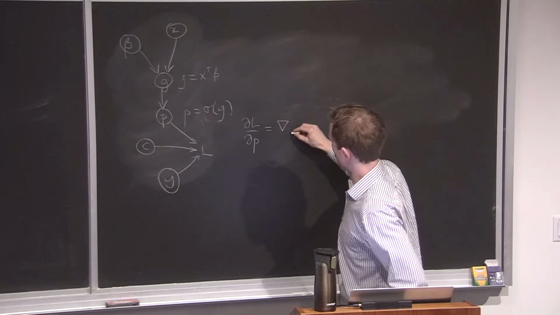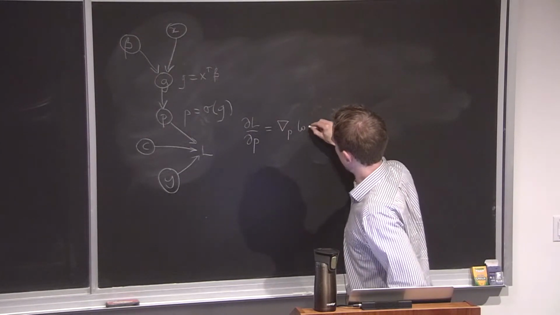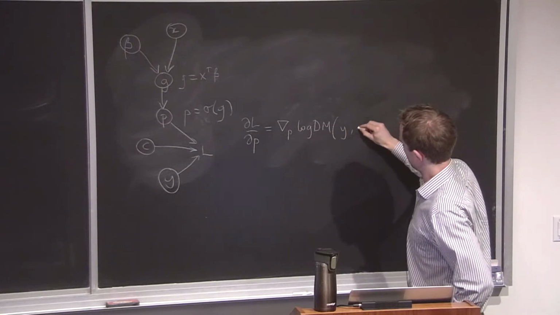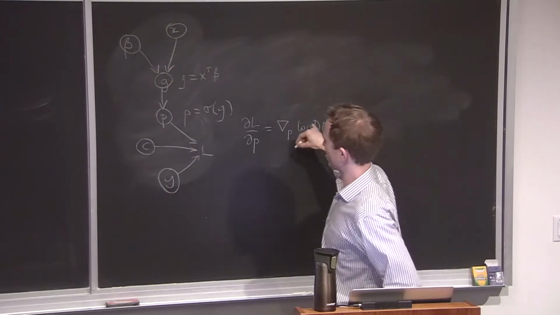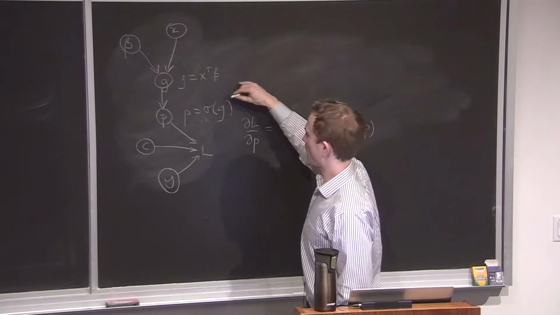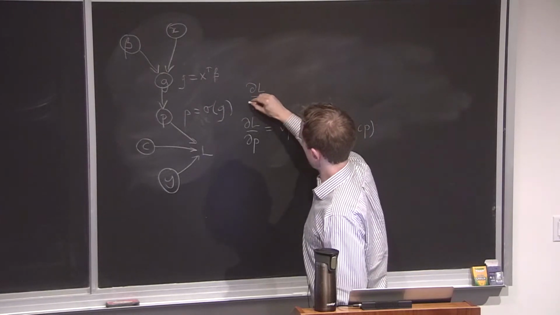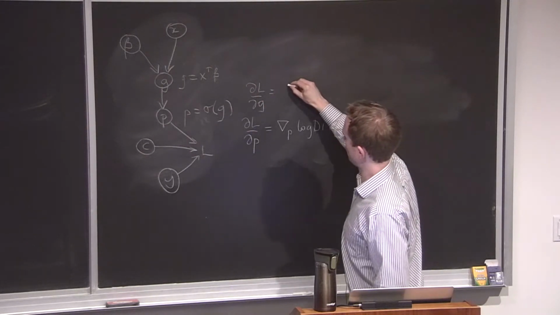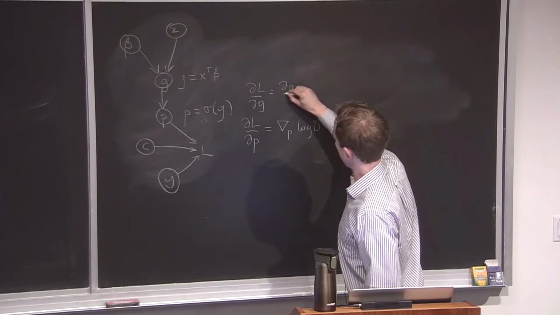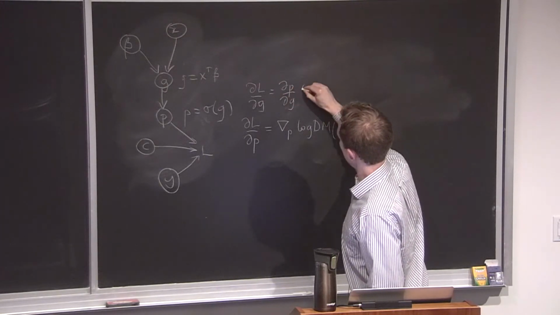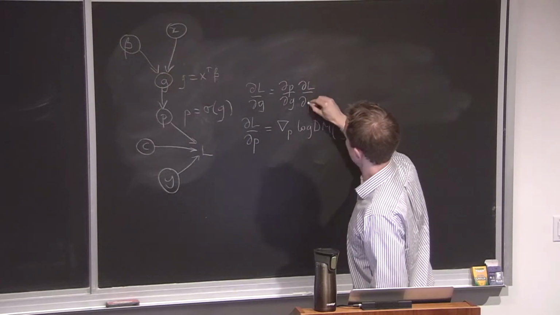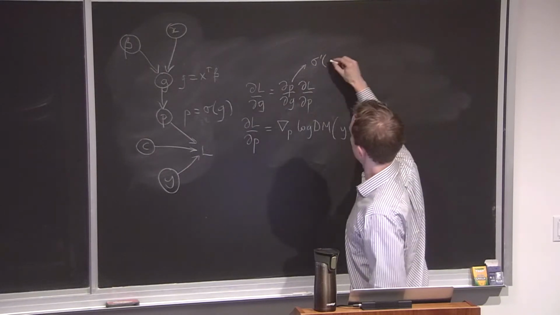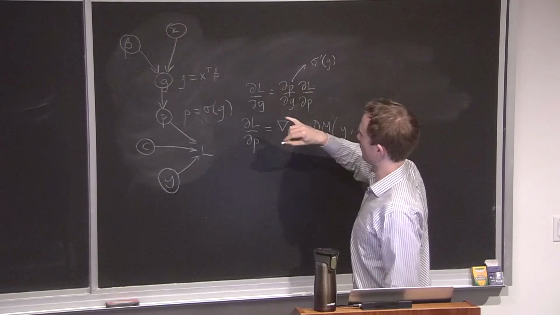you're going to have to go and get the derivative with respect to P of the log Dirichlet multinomial likelihood, right? I'm not going to work that out because there's a lot of gamma functions. And then as you propagate back, to get the derivative with respect to G, there's only the one child of G, right? So this would be the derivative of P with respect to G, and then the derivative of L with respect to P. And this thing is just the first derivative of the softmax, which you can do as a homework assignment.